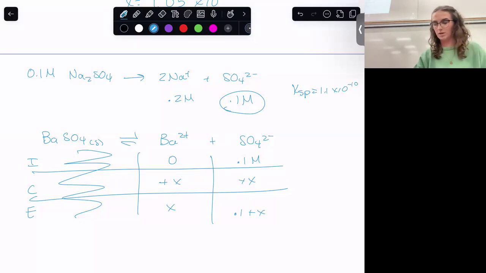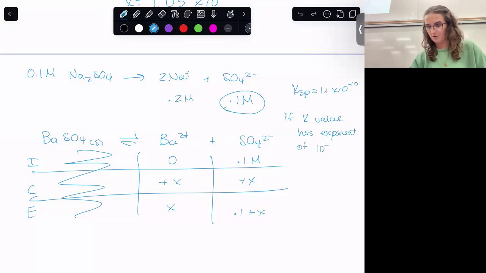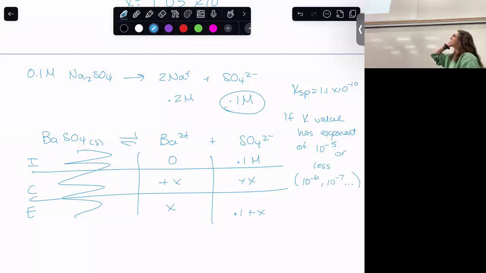If your equilibrium has an exponent of 10 to the negative 5, I'm going to say, or less, meaning it gets a larger negative number, so 10 to the negative 6, 10 to the negative 7, and so on, a more negative exponent but a smaller number overall, that means your change is going to be very, very small, or you have very, very little concentration at the beginning.